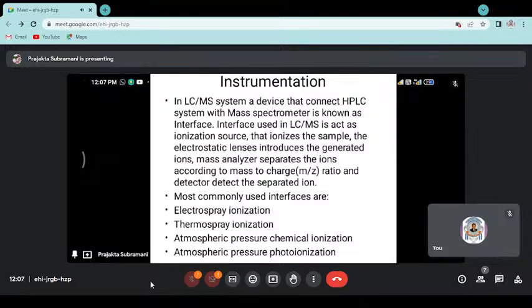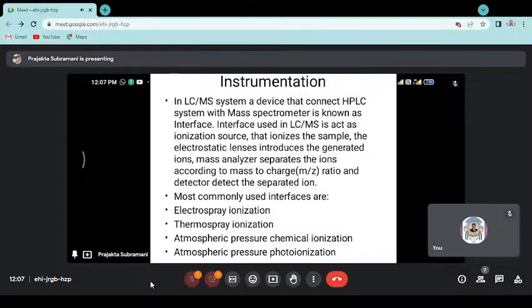The transfer of ionic species from solution into gas phase happens in different steps. First, they form charged droplets by using a fine spray. In ESI, there is an ESI capillary, and this ESI capillary converts the liquid solution into small charged droplets by spraying it.